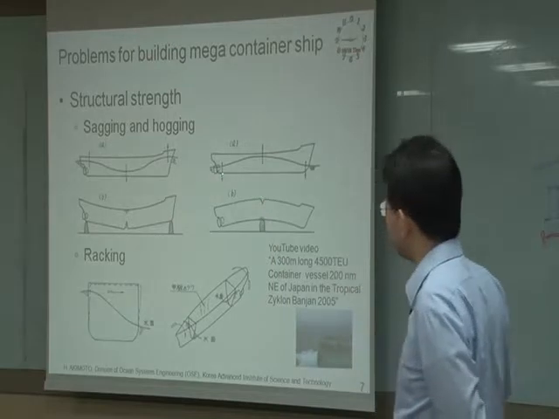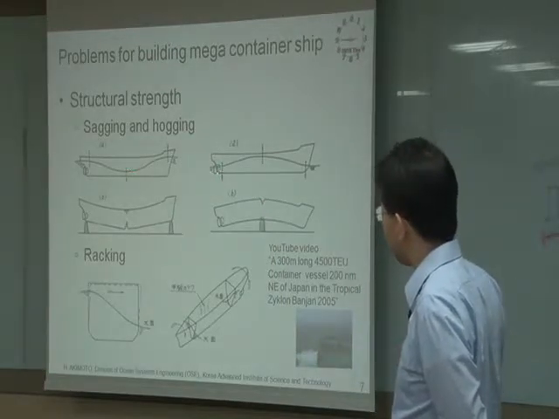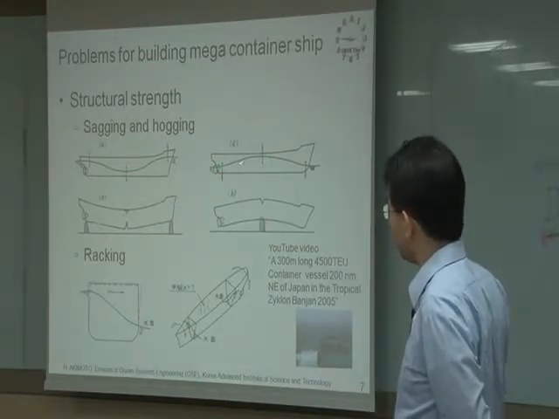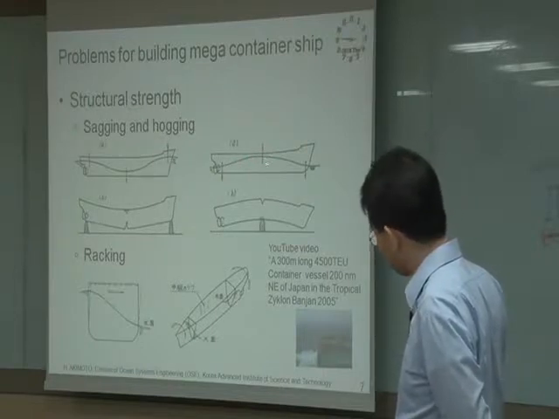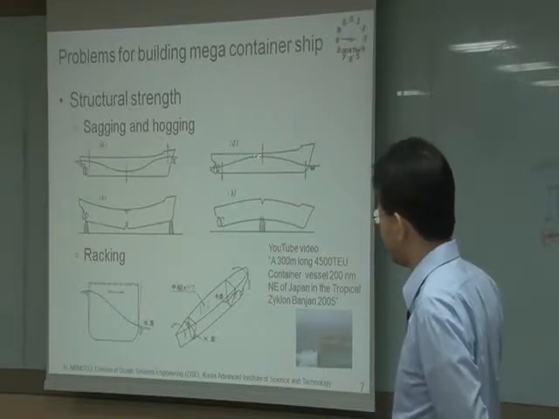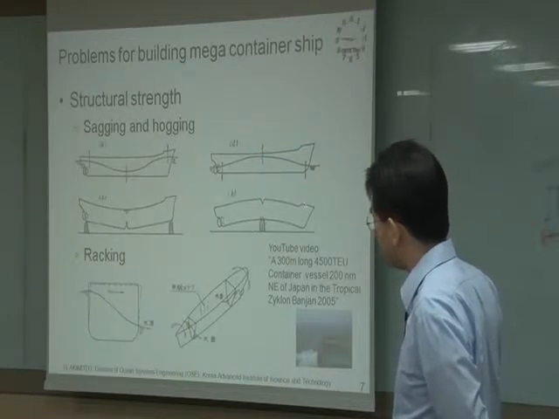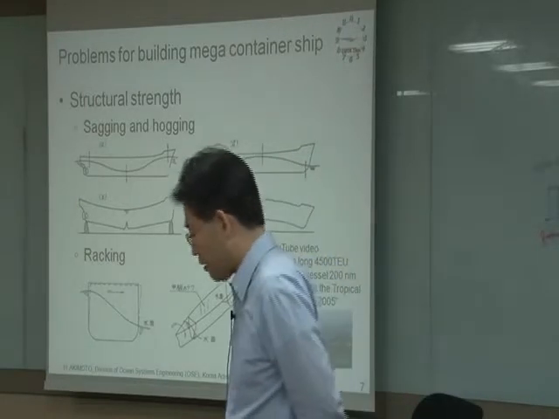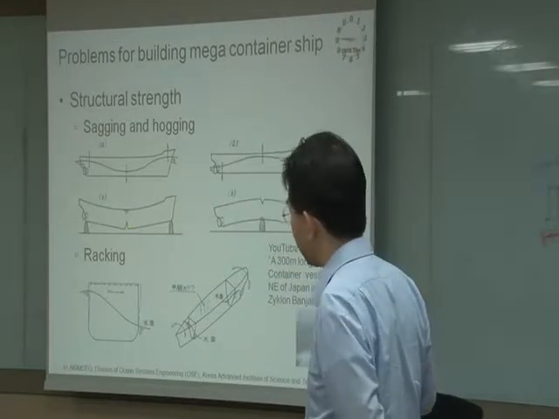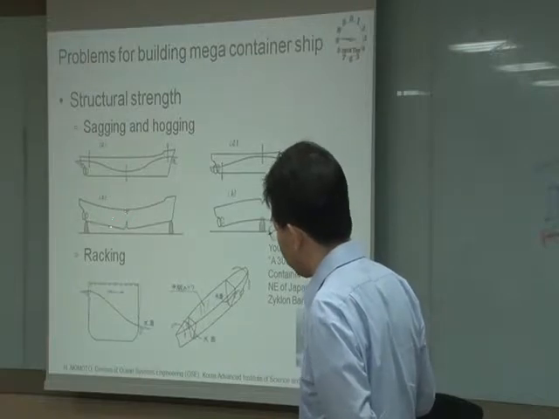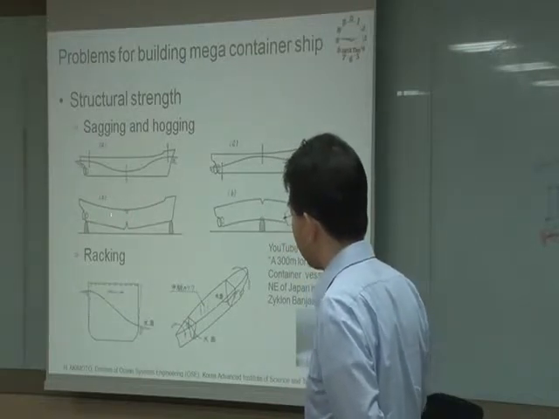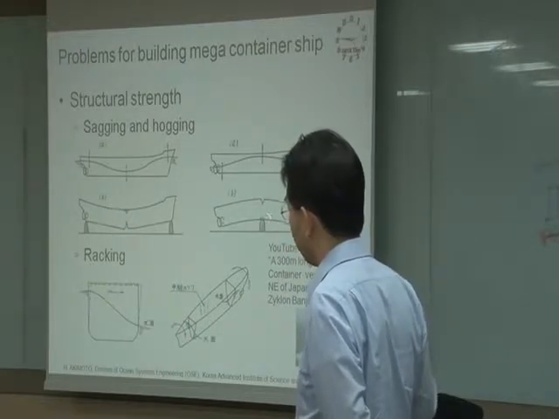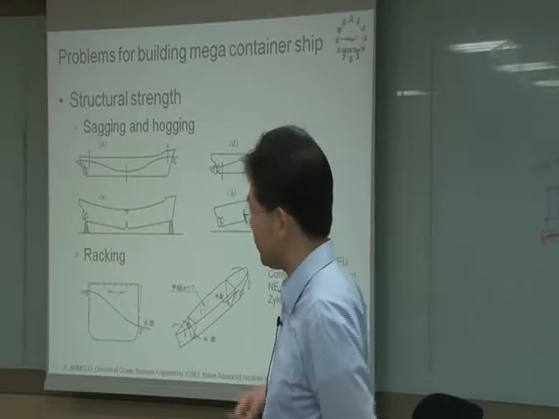And if in other phase of the wave, the wave peak is in the mid of the ship. So in this case, the ship is suffering this condition. So problem is ships are repeatedly suffering this type of load in severe sea condition.